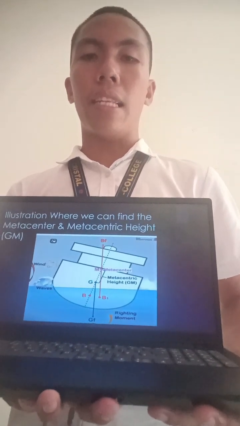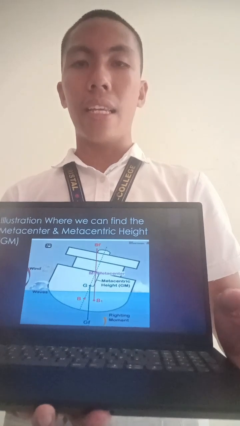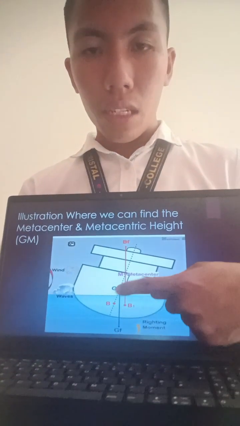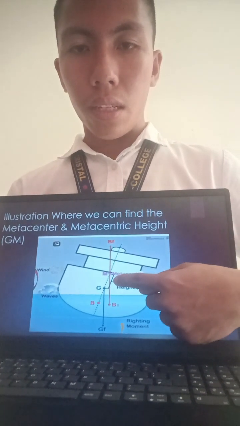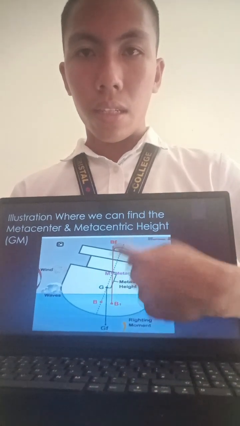Imagine a ship tilting slightly. The center of buoyancy shifts to the side, creating a rotating moment. So this is the metacenter. It intersects.